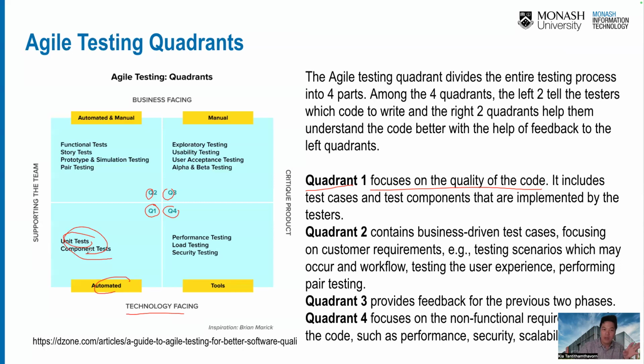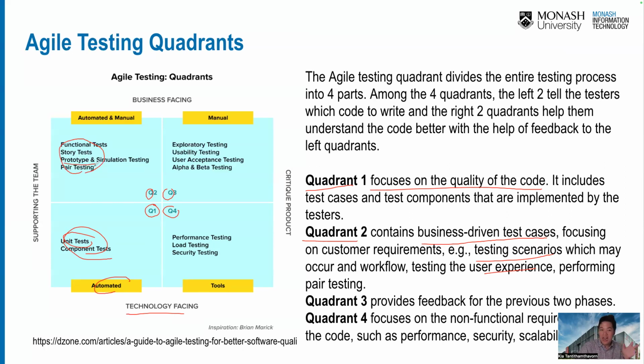Once you test this one, then you can do the quadrant 2. Okay, so it's more about business driven test cases. Test the scenarios which may occur, workflow, test the user experience, that kind of thing. So you look at the functional testing, user story testing, you test the prototype.